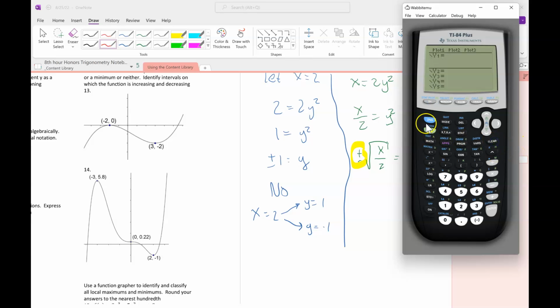Now to graph this, you would need 2 equations. So one for the positive version, and then one for the negative version.